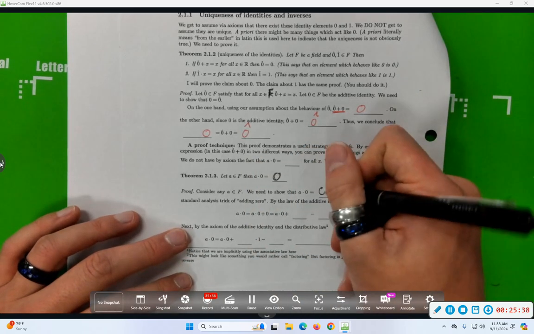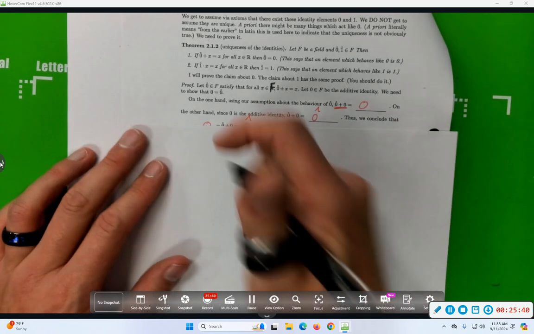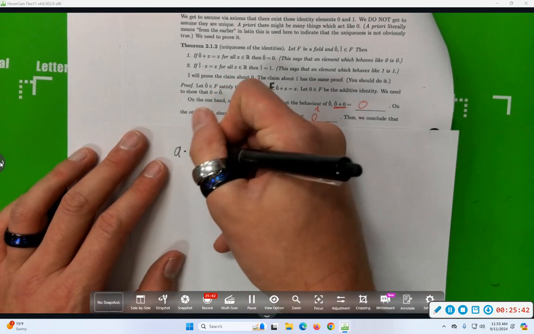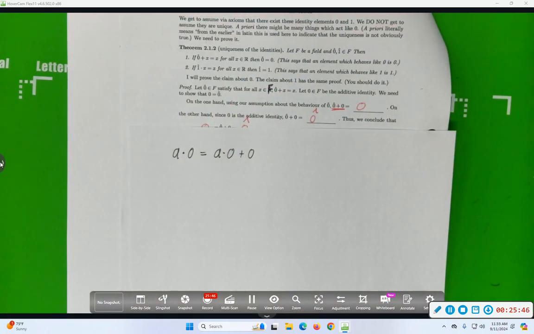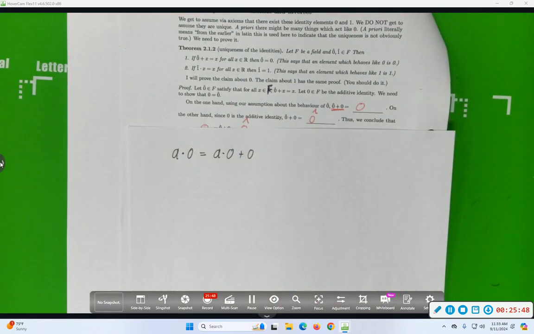We need to show this. So let's see, a times 0, like that's definitely true. I can add 0 to something and get that same something back. Let's mess around with this though. Like that looks like it's close to being in a situation where I could factor out a 0. And factoring is just the distributive law, just done backwards.